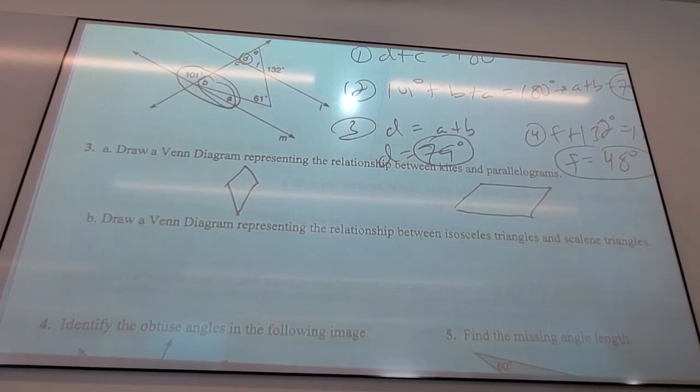So let me see. When you're making a Venn diagram, what's the most important thing about the circles? Do they overlap? And how much do they overlap? Didn't we just find a shape that lives in both definitions, kites and parallelograms? Therefore, when I draw the Venn diagram, the two circles must overlap. Now, are there any parallelograms that are not kites?